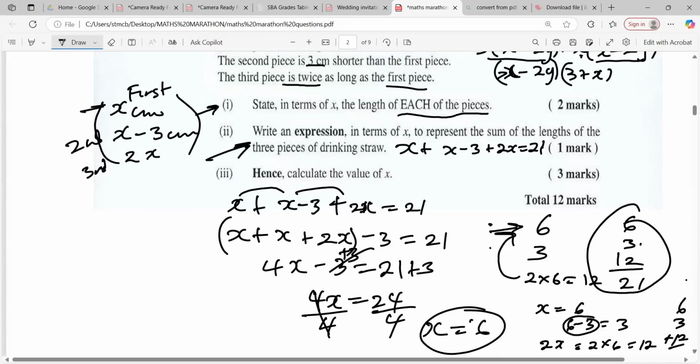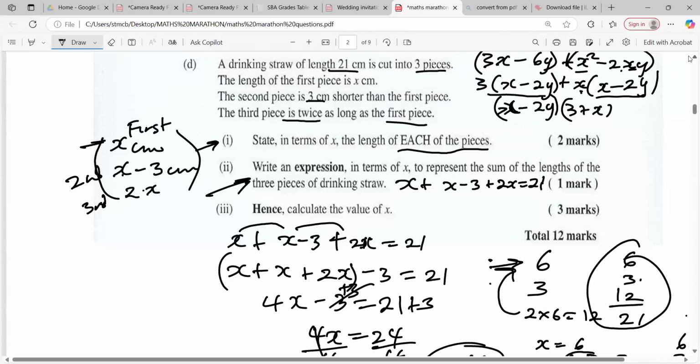But here, we're just doing what they say. They say state in terms of x the length of each. So this would be x centimeters, this would be x minus 3, and this would be 2x. They literally gave us that up here, right? Where they said all of the information here, which is cut into 3 pieces. The length of the third piece is x. So they told us that.